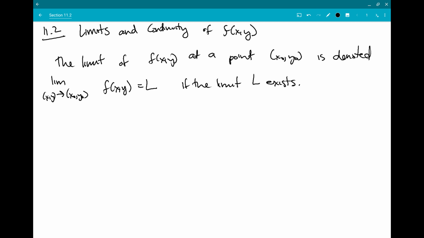Real quick, I'm just going to tell you that the things that you feel about limits are going to be true for this type of limit, just like things that you felt about limits were true for limits of vector valued functions. And I'm just going to write those out real quick.